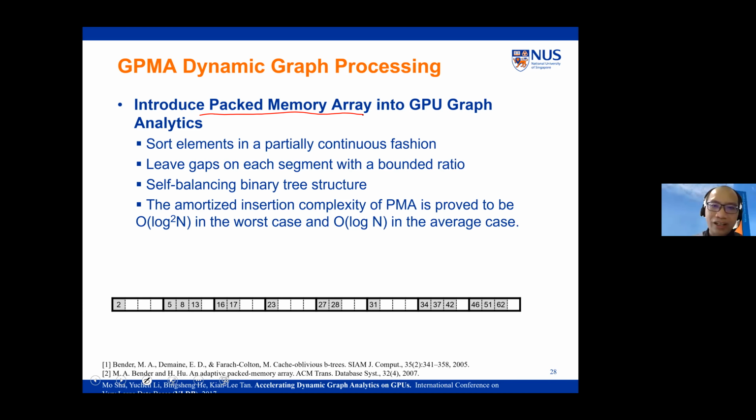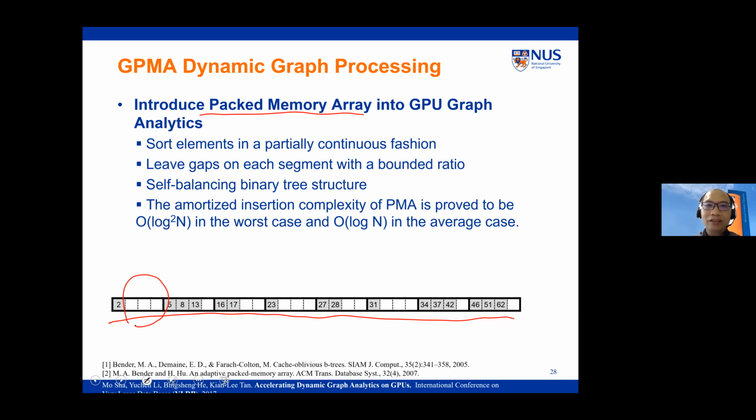The idea is here. Instead of storing into a compact array, you can see in this array we have some holes. The holes allow future insertions. You may wonder how we allocate them. The tricky part is how to allocate these holes and how many holes to allocate in each region.